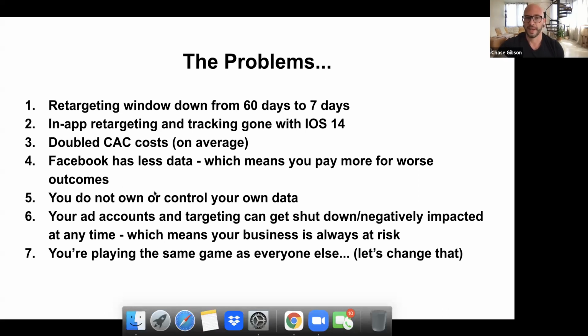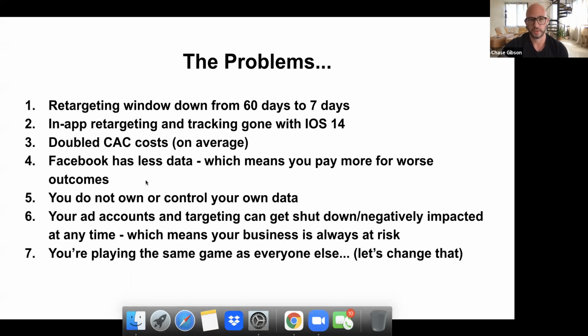Facebook obviously has less data as a result of not having the tracking and retargeting, which means basically you're paying more for worse outcomes right now. And unfortunately, it's affecting not just e-commerce owners, but pretty much anyone who runs ads. And so there are ways outside of Facebook that you can foolproof your business and make sure that that doesn't affect you.